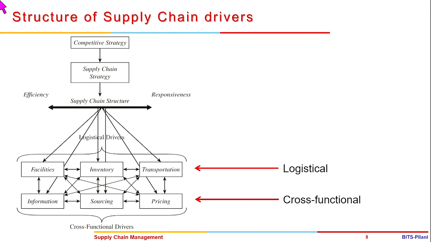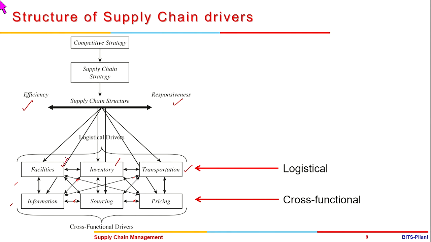The 6 supply chain drivers that we have seen affect the supply chain performance. They affect the efficiency of the supply chain, and they also affect the responsiveness of the supply chain. These 6 supply chain drivers are interrelated. If you wish to have high inventory, you may require slower transportation.